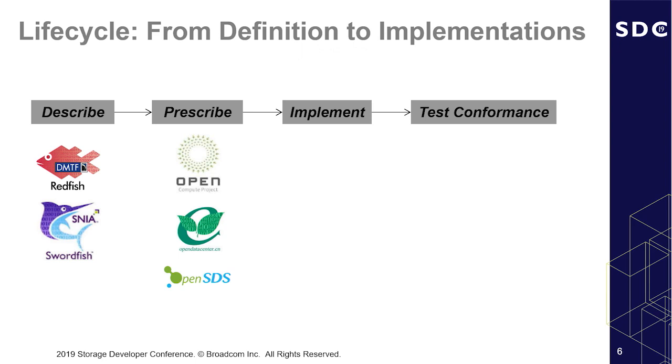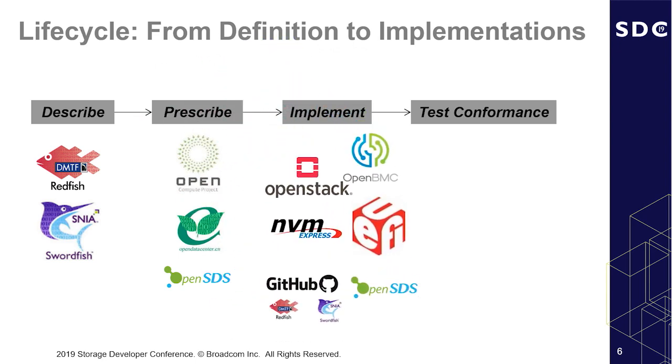So obviously DMTF and SNIA have been the ones just writing the specifications, doing the description. And then you get folks where we're partnering with and working with these other industry consortiums like the Open Compute Project, ODCC, OpenSDS, as they work on a prescriptive view of what parts of the standards they want to use. And then you actually start to see implementations come out, not just from the vendors, but in other partners as well.